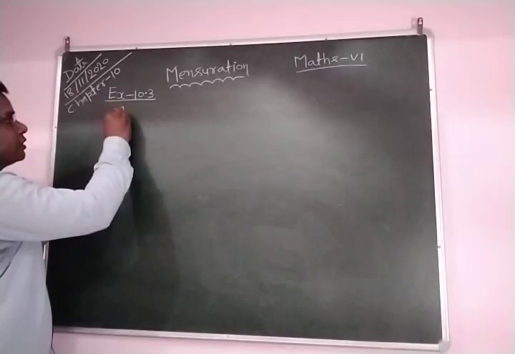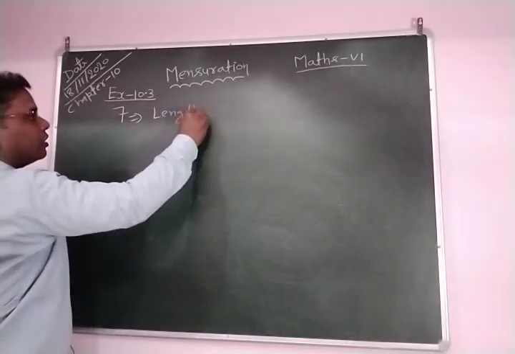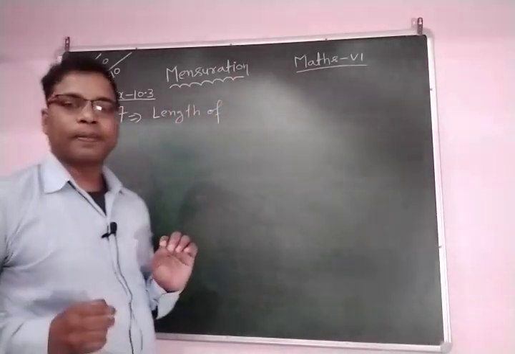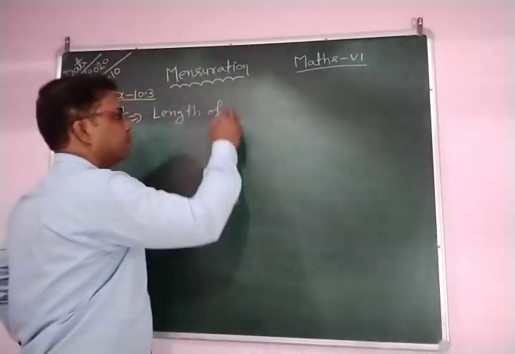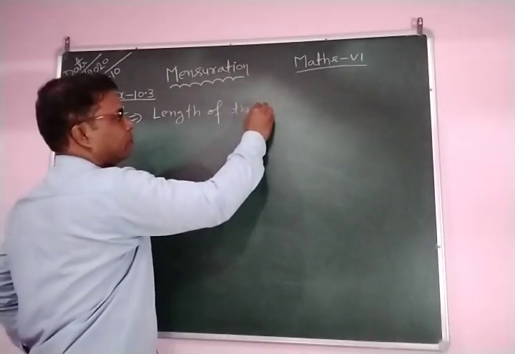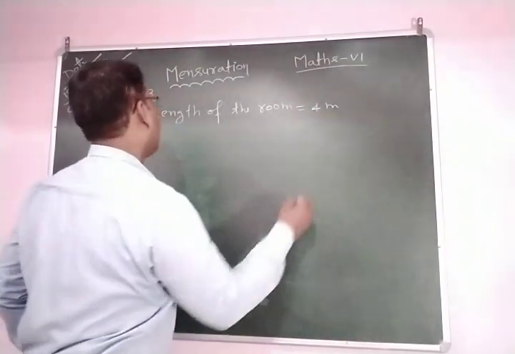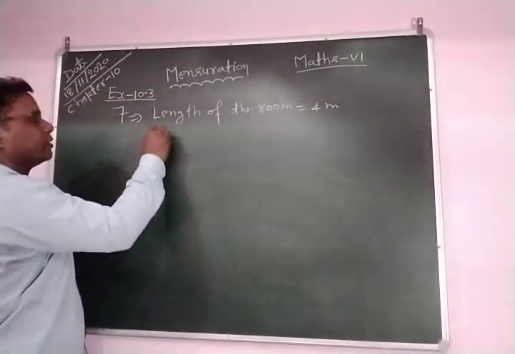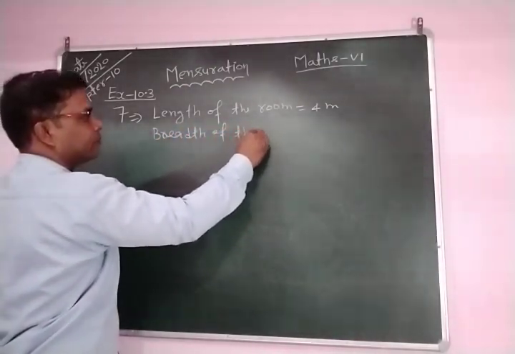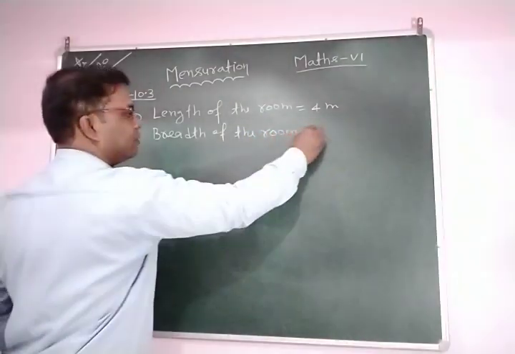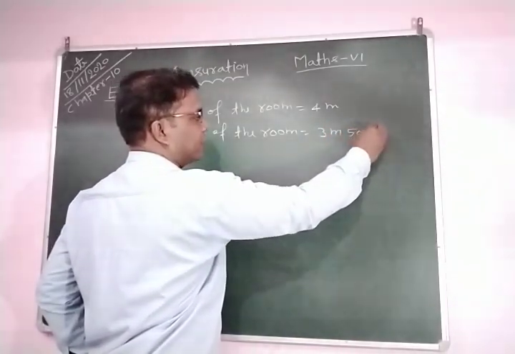First here you write question number 7. Okay, we write here length of the room. What is the length of the room? 4 meter long. Means the length of the room is given here 4 meter. Okay, and the breadth of the room is also given here, 3 meter 50 centimeter.